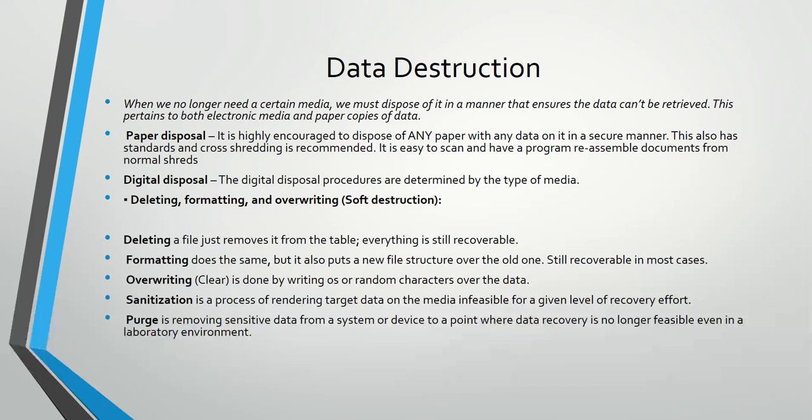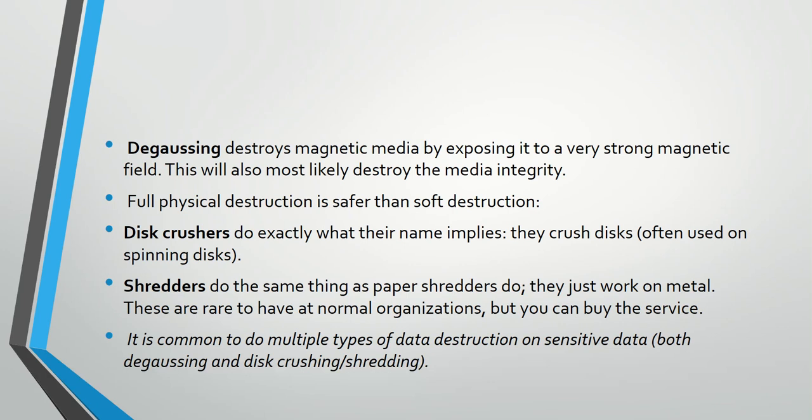You can also get them in the form of a disk crusher, where they just crush the disk, they don't shred it. They are often much cheaper and much smaller. You put a disk in, they push multiple metal pins through the disk, breaking it. But if it is very sensitive data, we would want to use the shredder.